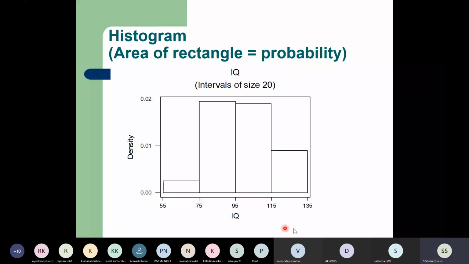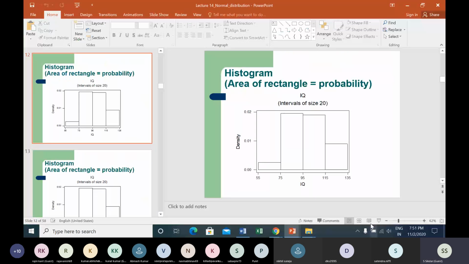Any idea what the value of IQ can be? Some people say it can be 130, some say 140, some say 160. But I don't know where they exist and who they are.